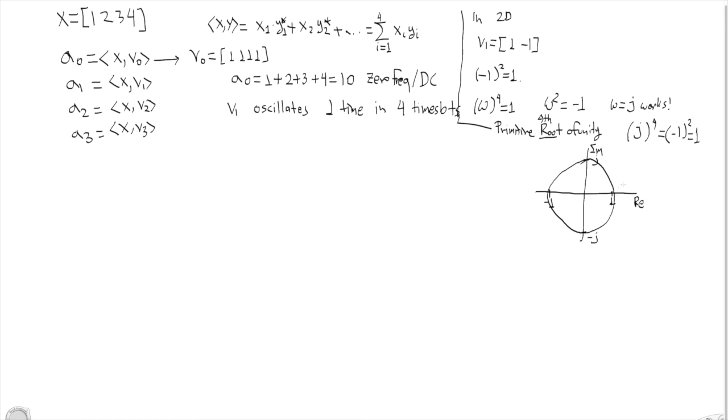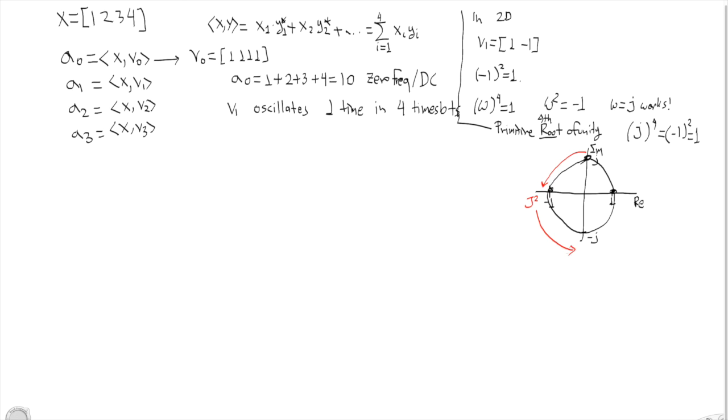Now what's happening is, if you take 1, this is minus 1. Now if you take j, you start from here, take some red, you start from j. If you take j squared, you're going to get minus 1. So this is what's happening when you multiply j by itself. This is j squared. Then you multiply by j again.